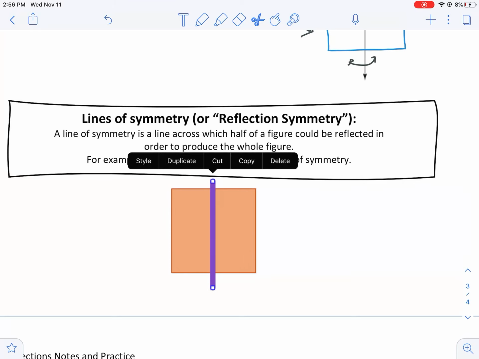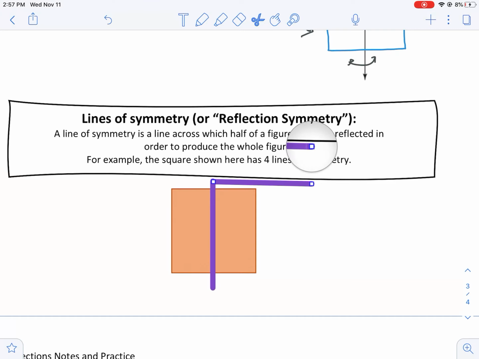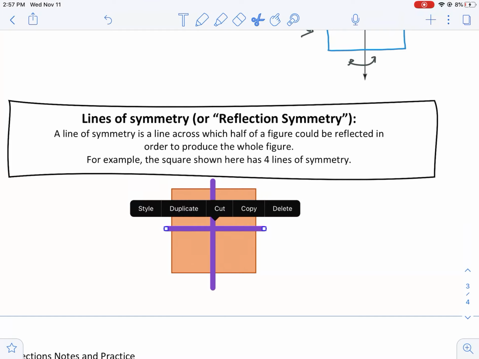Okay, so about right there, we can see that there is one line of symmetry in which I folded across that line, the two ends would line up. We also have one right here, in which if I folded across this line, the two sides would also line up.